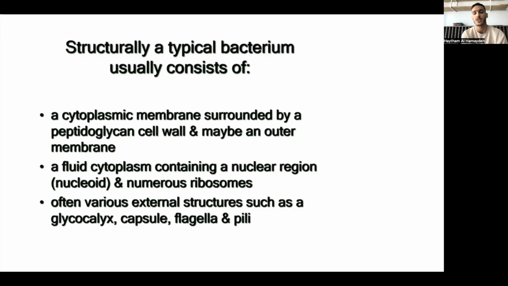Some external structures that are found: glycocalyx, capsule, flagella, and pili. She said that glycocalyx is not the same as the capsule. Glycocalyx is thinner than the capsule, and the capsule is a bit thicker. She also said something about the capsule: there are antigens, and because the capsule is so thick, those antigens are not easily captured by immune cells of the body.